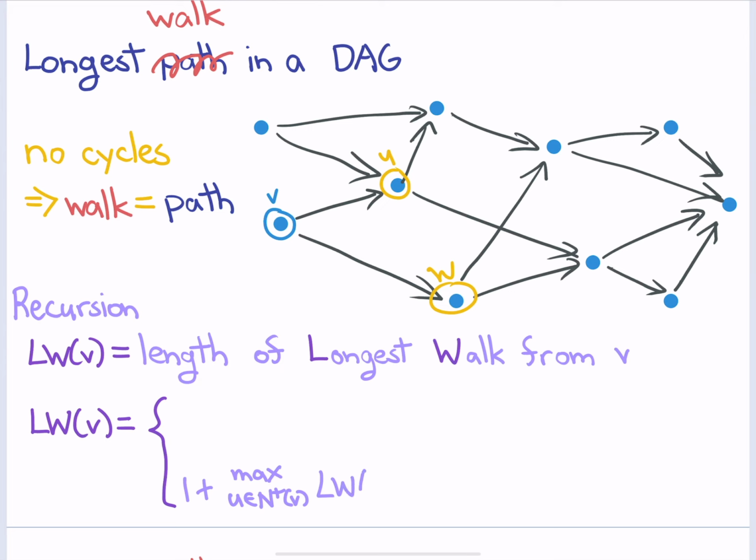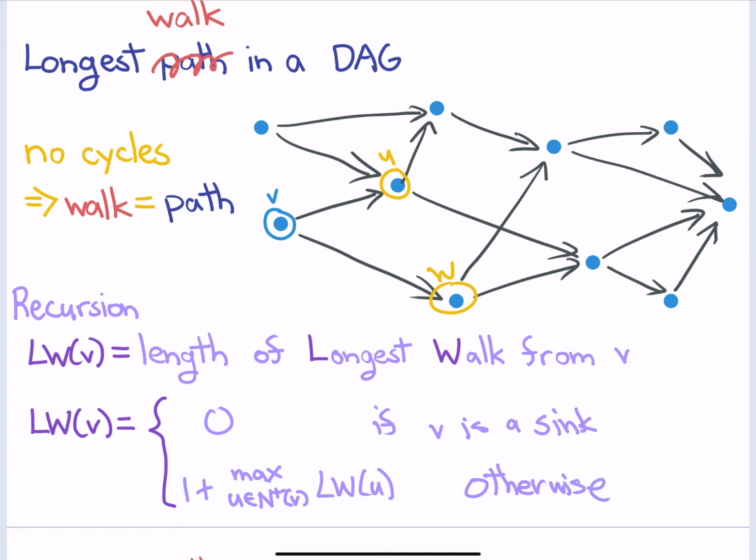LW of U. Fine. The only awkward thing is what happens if there are no out-neighbors. So 0 if V is a sink, meaning there are no outgoing edges. And then 1 plus the best one otherwise. Nice, simple algorithm.